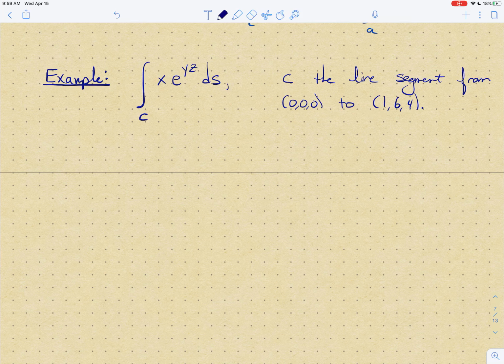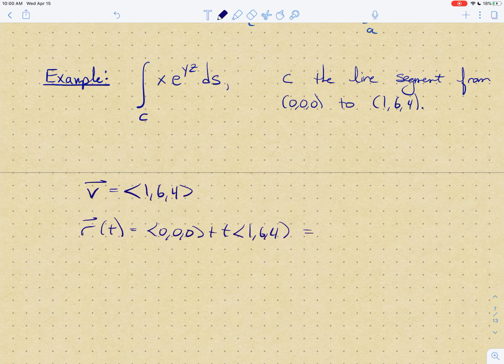I do need to parameterize this. And so let's keep in mind when you want to parameterize a line segment, you want to find the direction vector. We're starting here, going there, so for our direction vector v, we're going to say head minus tail. So we're going to say 1 minus 0, 6 minus 0, 4 minus 0. Well, that's easy. We just get 1, 6, 4 as our direction vector. And then r of t is your starting point, which is just 0, 0, 0, plus t times your direction vector, and you just end up with t, 6t, and 4t.